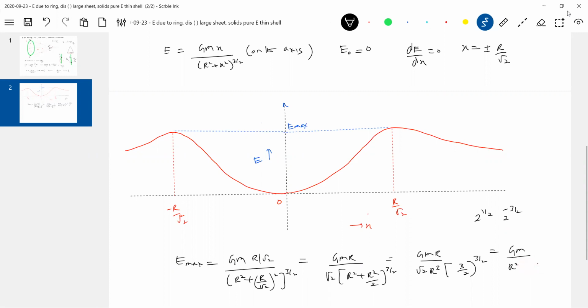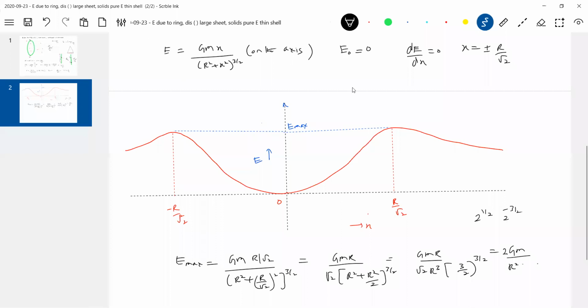Anybody? Final value? What shall I write? 2gm by root 3 into r square. 3 root 3 r square will come, no?